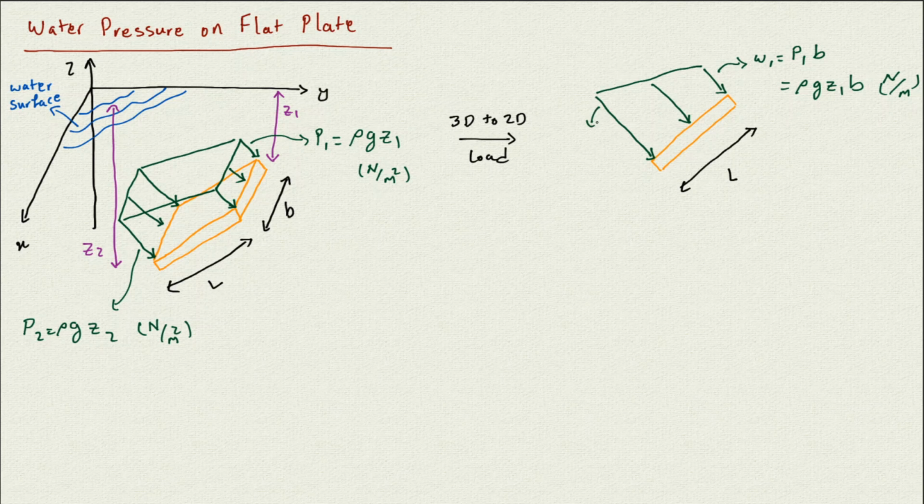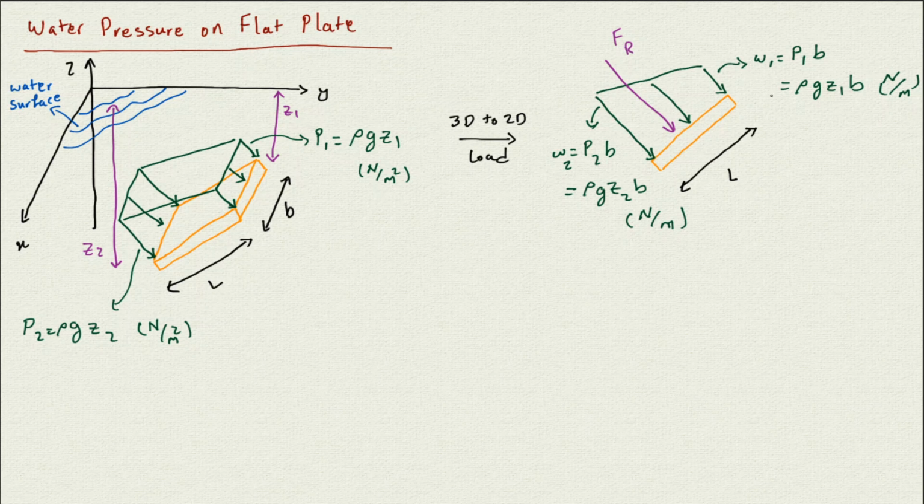The same here, W2 is going to be P2 times B, so it's going to be equal to rho g z2 B, and whatever the magnitude is, again, it is Newton per meter. And then when we have it in 2D, we can say there would be a resultant force applying on that. That resultant force would act somewhere here, and we can find it.